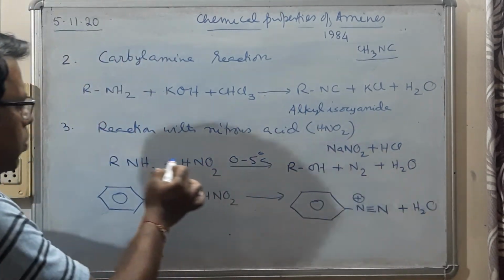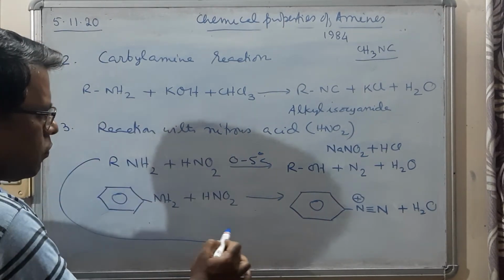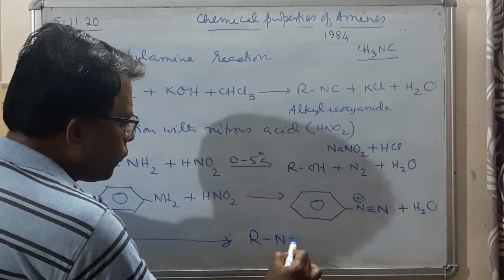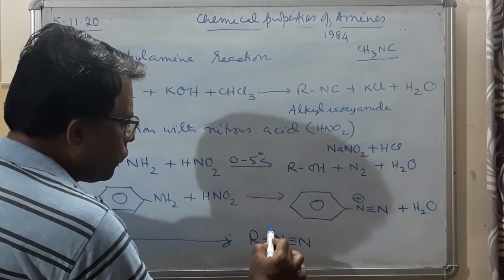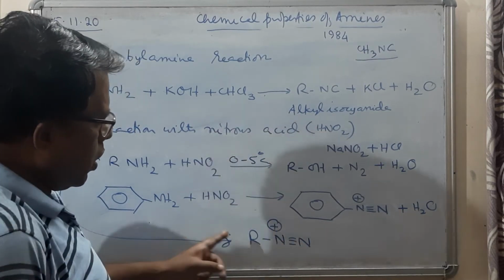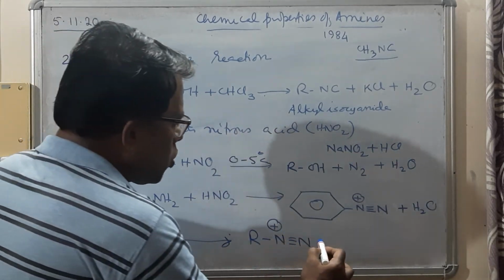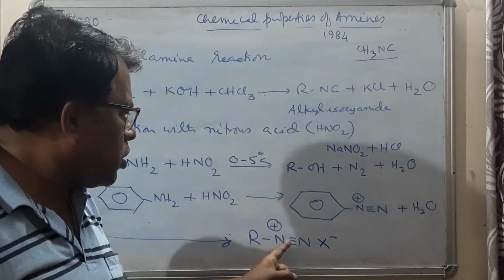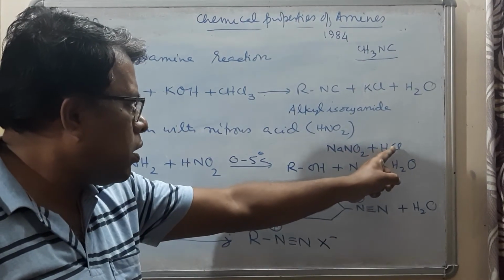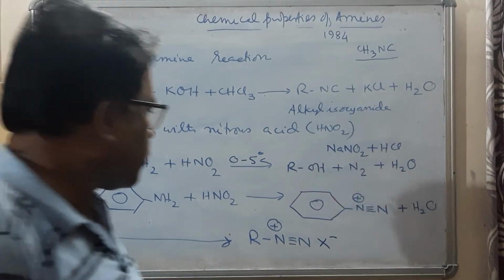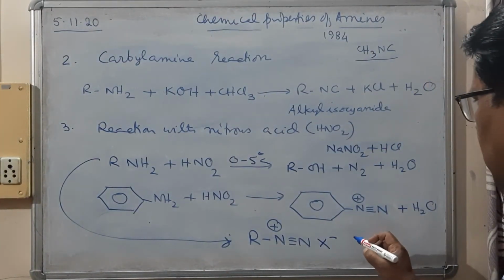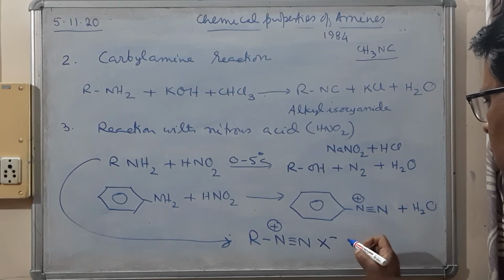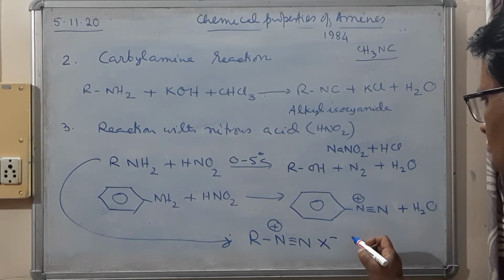Here in this case we get R alkyl diazonium salt, like if this X is Cl, and then this compound breaks down.